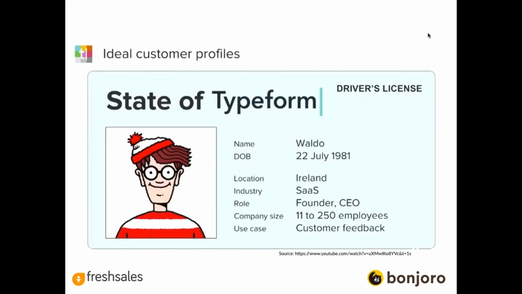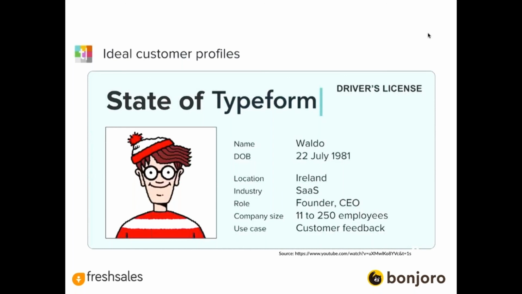What it enabled them to then uncover was an ideal customer profile, which I think is great for every business and every SaaS company, to understand who is your ideal customer. This is a cool graphic they came up with. They segmented their customers based on location, industry, role, company size, and use case. Their ideal customer was 11 to 250 employees, typically a CEO or founder.